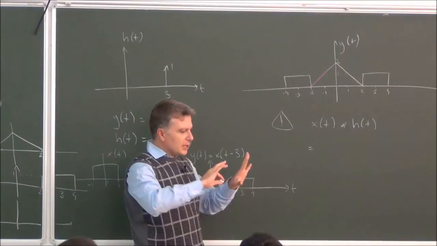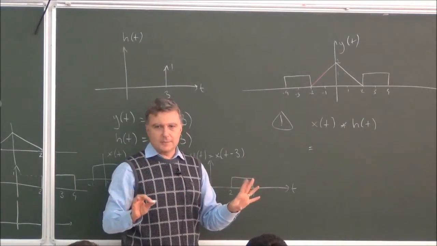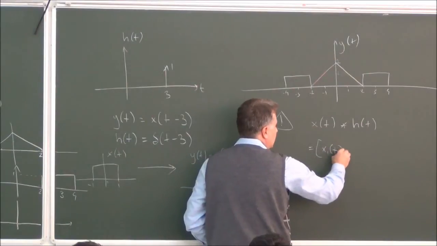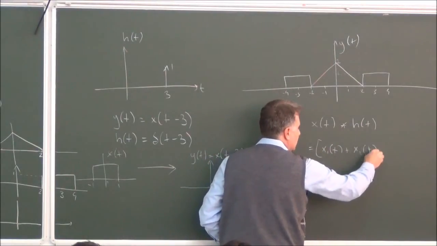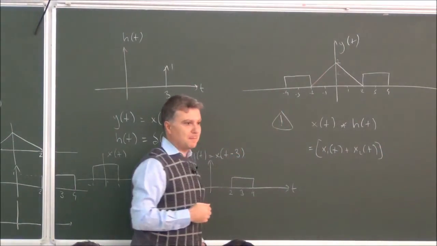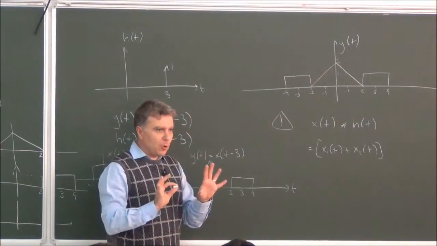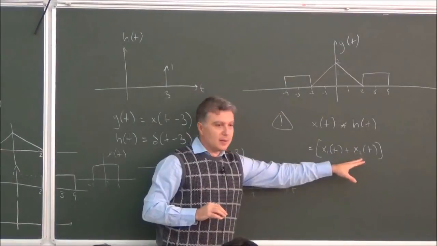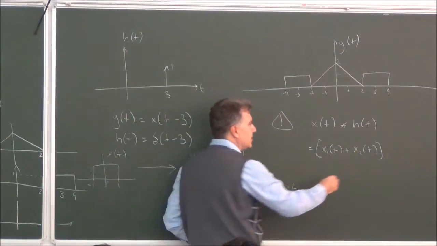Instead of considering all of the picture all at once, you can do it this way as well. x1 of t plus x2 of t. Suppose it consists of two pieces, x1 and x2. You can write it like this.